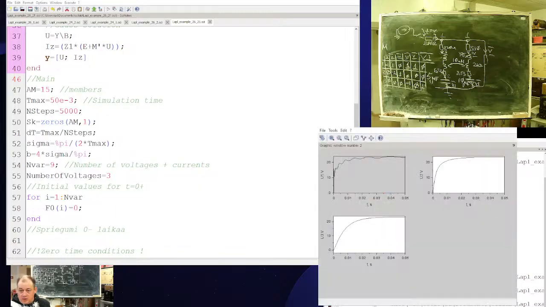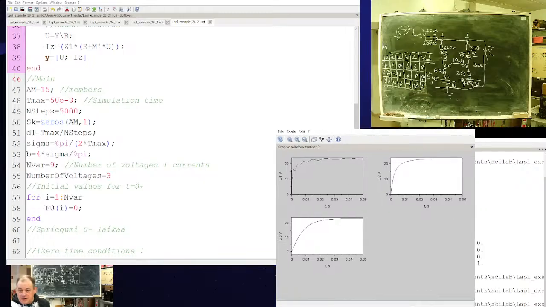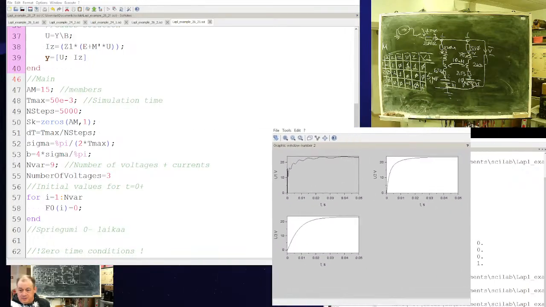Oh, here are my voltages. Let's check here. Number 1 rises, it's steady somewhere at 30 milliseconds. Second node steady at 30, and this one at 40, goes slower.